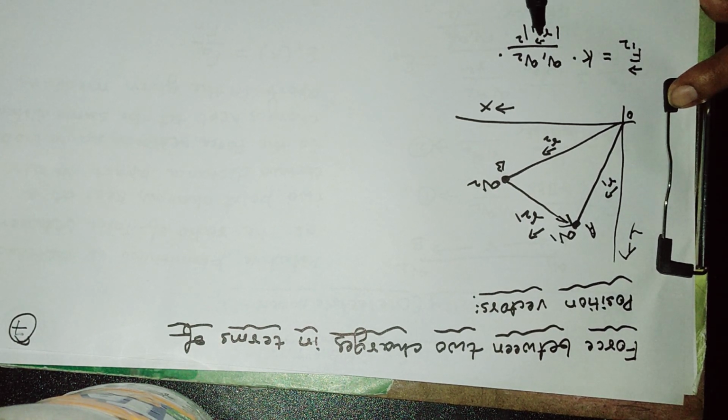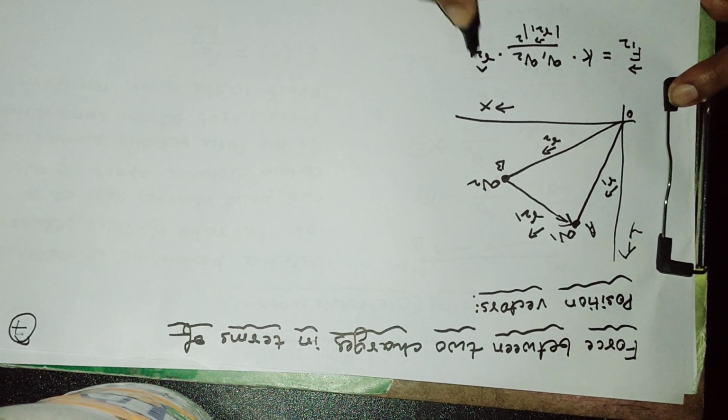To make it a vector, we have to include a unit vector r21. This is how you write it.